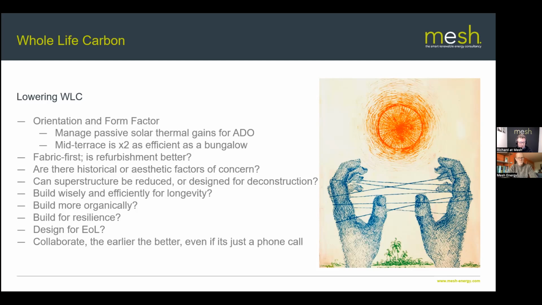I mean, can you build more organically in terms of selection of material? So more organic insulation structure while reconciling that with resilience and designing for end of life. So designing for whole life carbon, you're thinking about all aspects of the building.